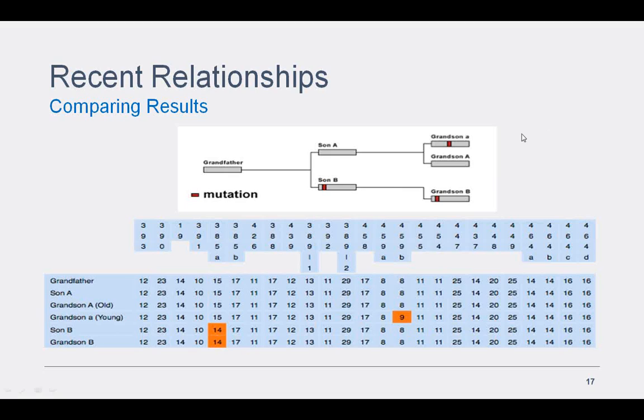So this is just an example. This actually happens to be a real example. This example was borrowed from Bennett Greenspan, who is the president and CEO of Family Tree DNA. There is a mutation between him and his father, but no mutation between his brother and his father. But then his brother, one of his sons who was tested, did have a separate mutation. And the other one didn't, et cetera.